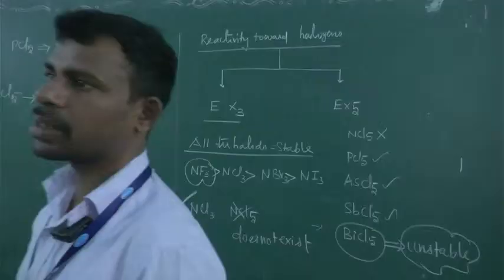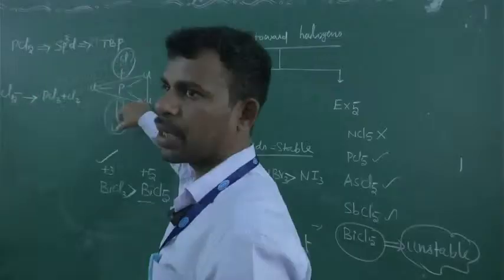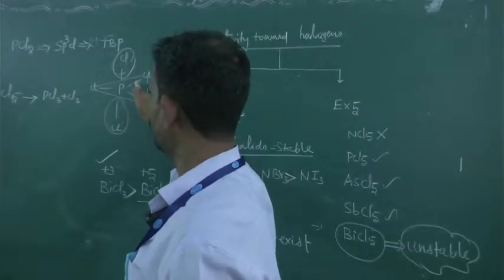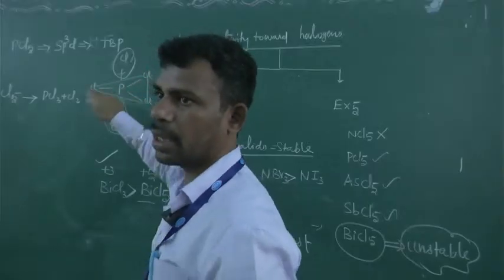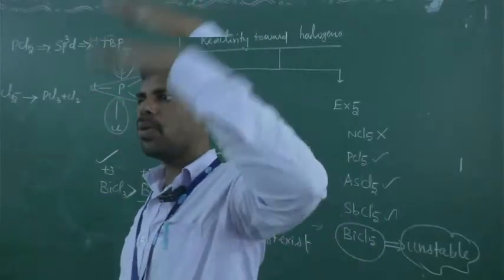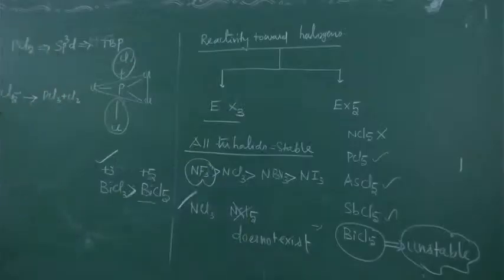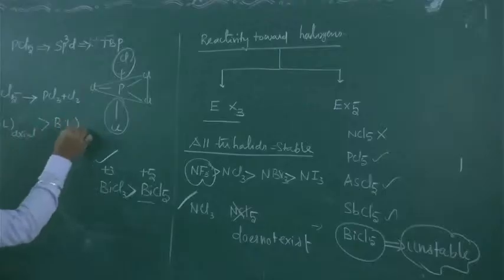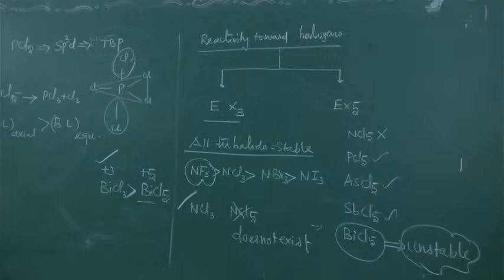The ones in the plane are equatorial; above and below are axial. The axial bond length is greater than the equatorial bond length. Is it clear? Yes or no? So with this I will stop.